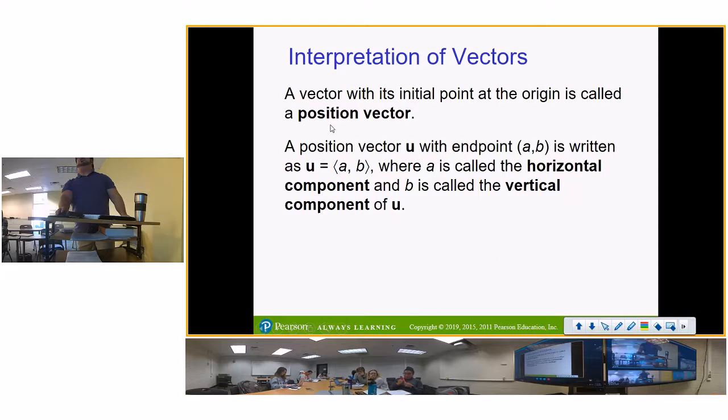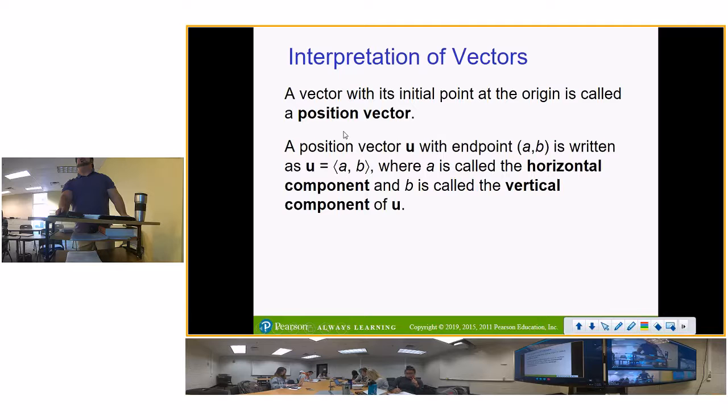Okay. Here we go. First good definition. A vector with its initial point at the origin is called a position vector. A position vector is what you're going to hear in Calc 2, Calc 3, Physics 1, Physics 2, Physics 3. You're going to hear that throughout. Now again, I'm only talking to those people that are going that route.